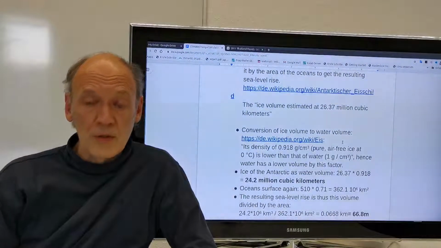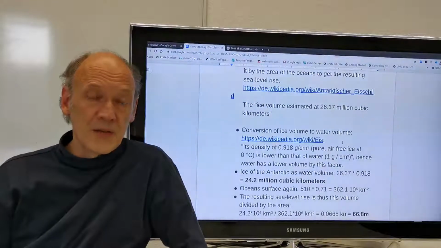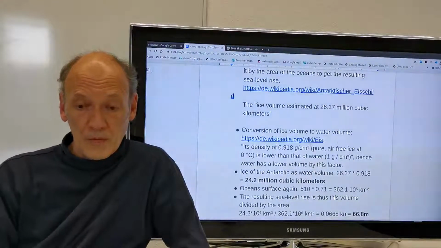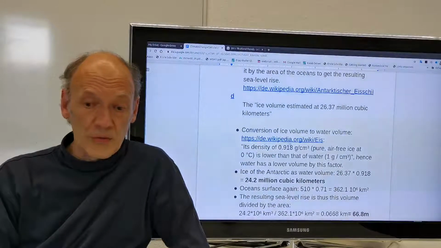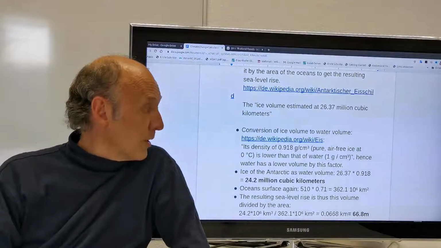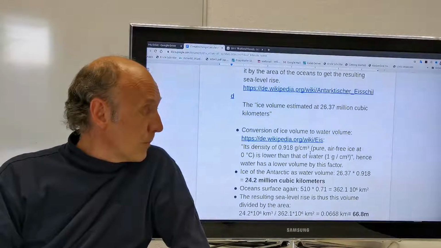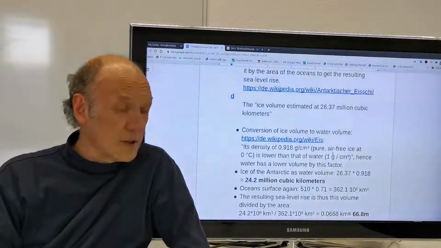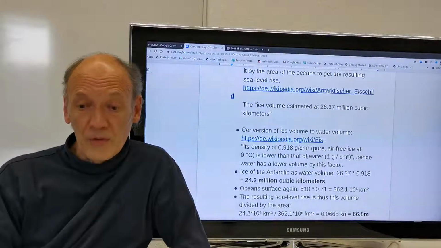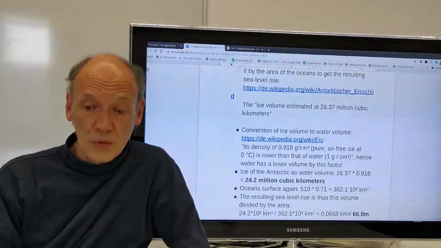Then we need to take into account that ice has a larger volume than the molten water. So we can look at the density. The density of ice is 0.918 grams per cubic centimeter, which is the densest ice. And this density is lower than that of water, which is 1 gram per cubic centimeter.